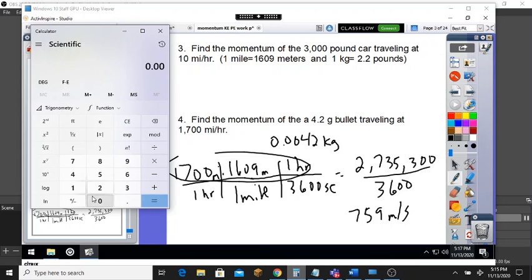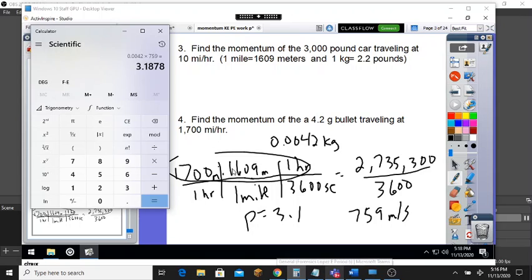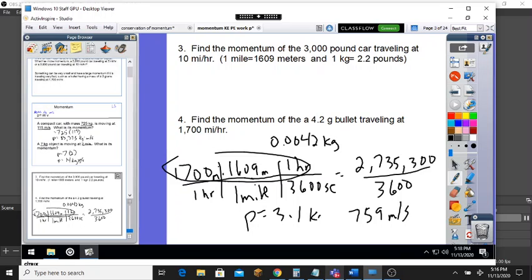The mass times the velocity gives me 3.1 kilograms times meters per second.